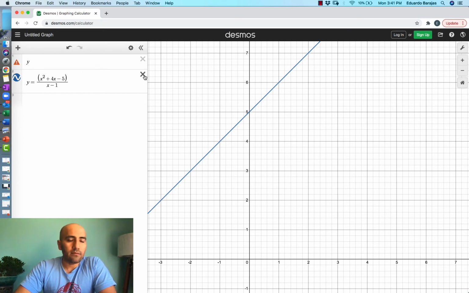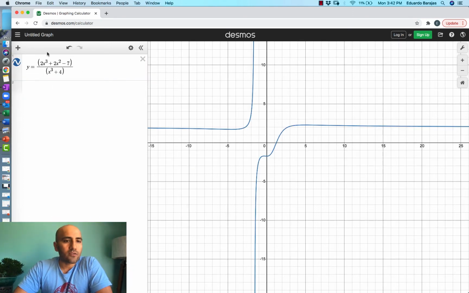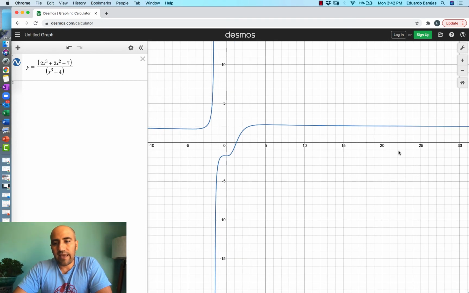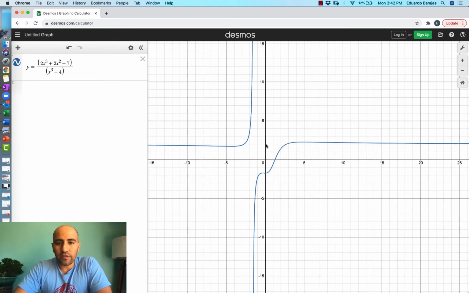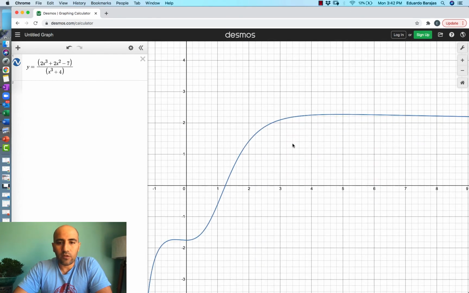On the other hand, okay, so here's that other equation. If I come to Desmos and I graph it, I can see from our picture it confirms that as x gets infinitely large, as x approaches positive infinity, the output values here are approaching the number 2. Zoom in a little bit more.